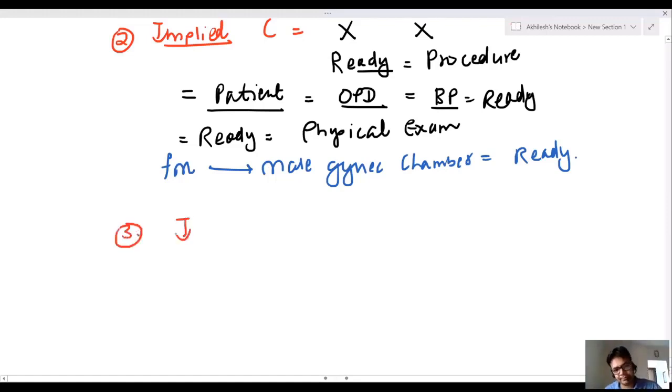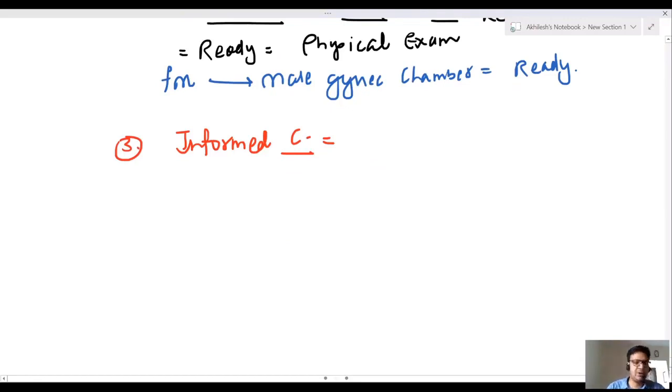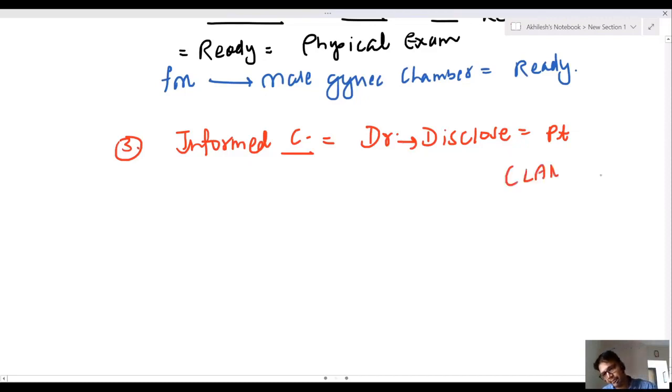Number three, informed consent, my dear friend. Dr. Saab, if the doctor discloses everything to the patient in the patient's language, this is informed consent.